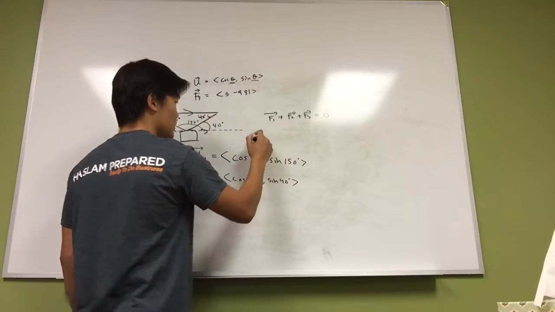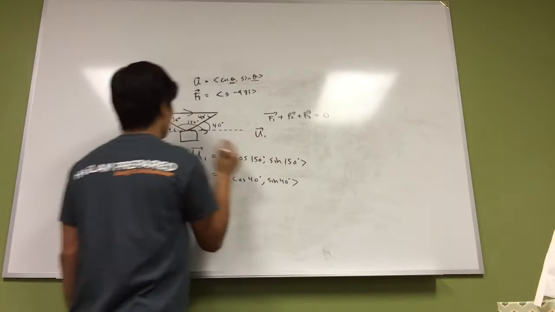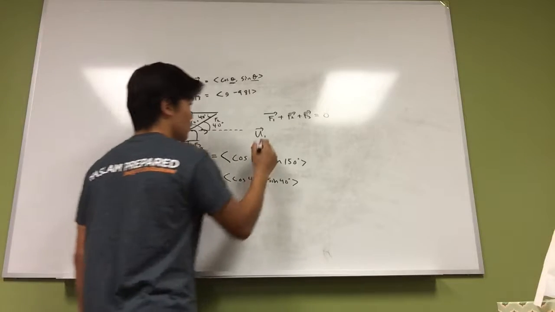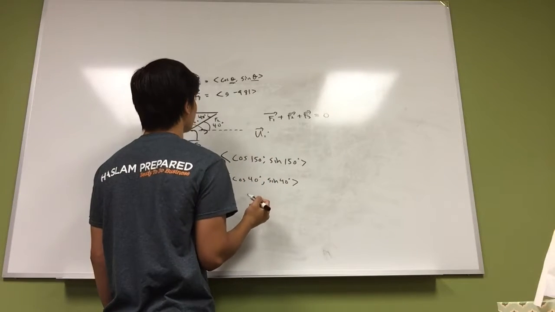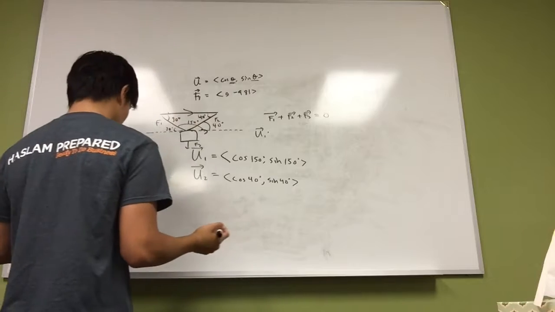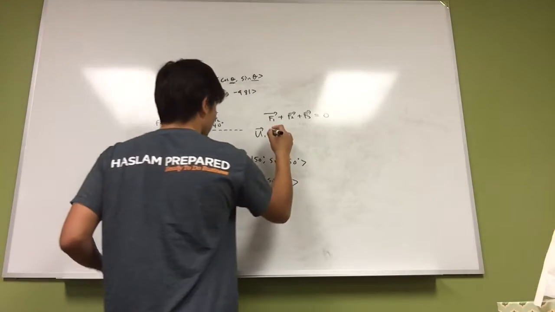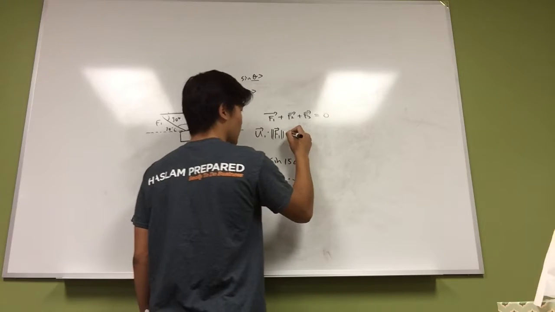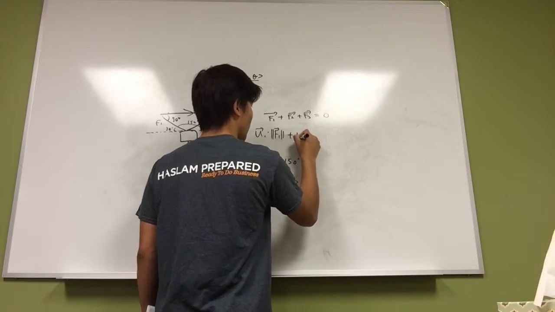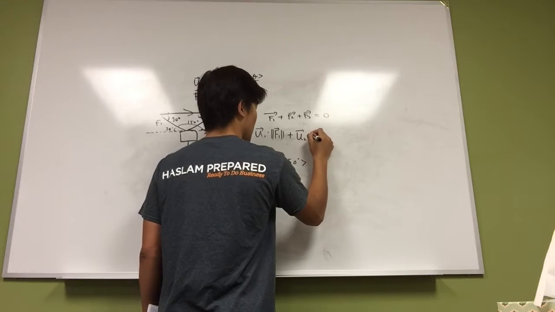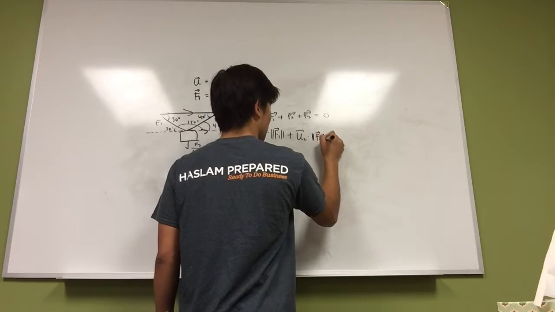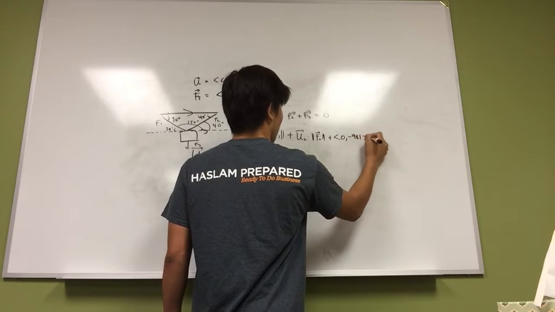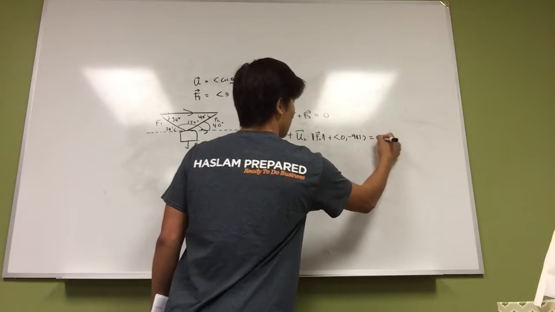Force 1 is a unit vector times its magnitude. So U1 times the magnitude of force 1, this is the magnitude if you watched the previous video, plus U2 times the magnitude of force 2, plus 0, negative 981 equals 0, 0.